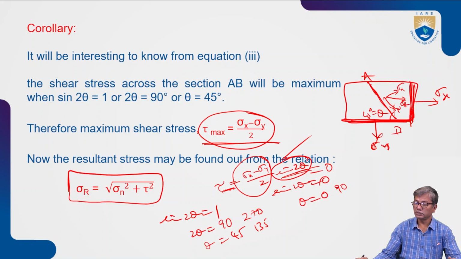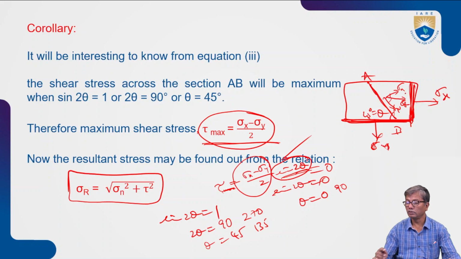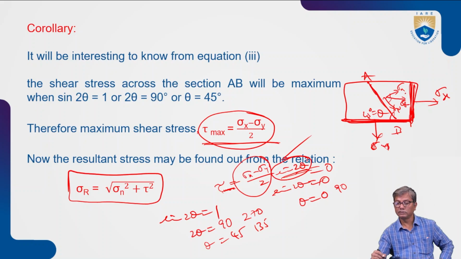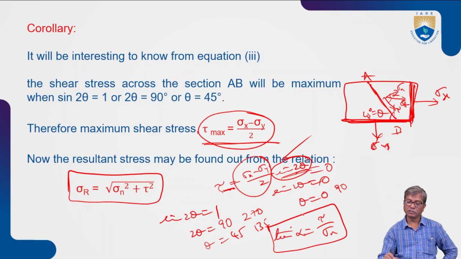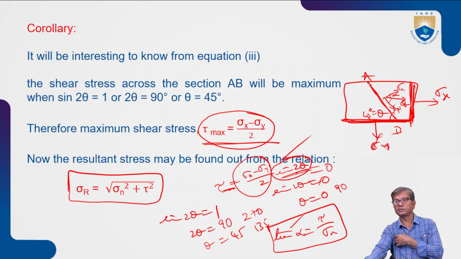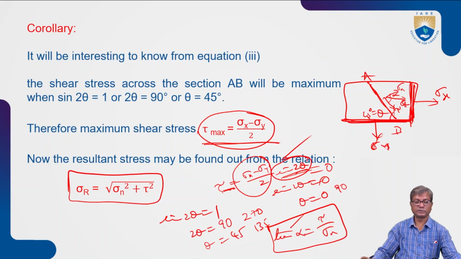That is the resultant stress, and its inclination with normal or with tangent we can find. Okay. With the normal, if you want the inclination alpha, tan alpha is given as tau by sigma n. So this gives the inclination of resultant with the normal stress. Okay.